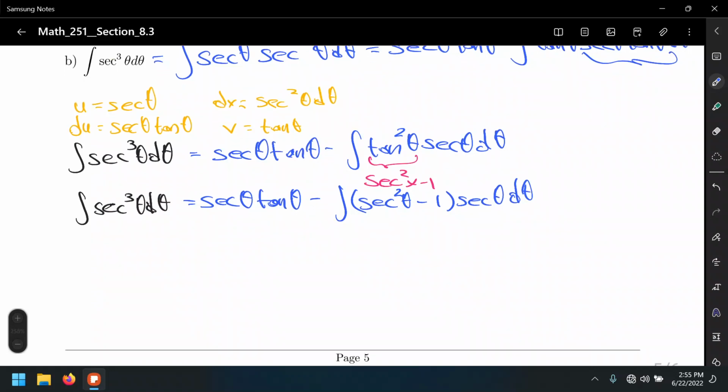And I think from here you can see where we're heading. So this will be secant minus the integral secant cubed, minus the, or rather plus the integral of secant.